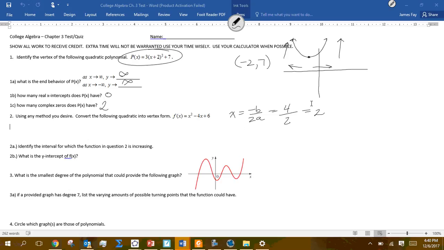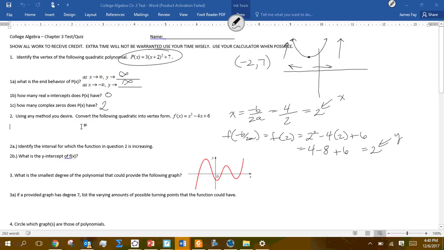I'm then going to take that 2 and find f evaluated at the opposite of b over 2a, which is the same thing as f evaluated at 2, which becomes 2 squared minus 4 times 2 plus 6. So it gives me 4 minus 8 plus 6, which creates that 2. So that's my y value. Okay, so this was the x value of the vertex, and this is the y value of the vertex.